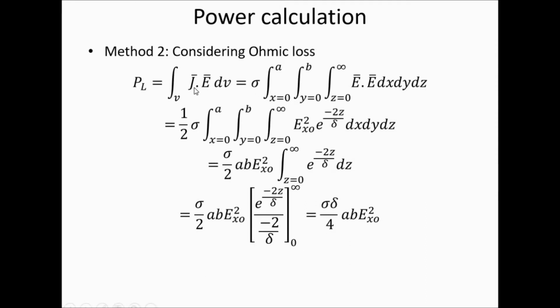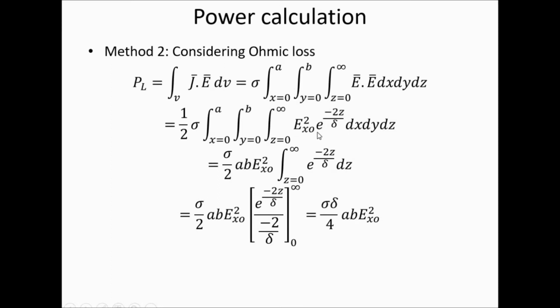J is sigma E, so we write sigma E times E, and dV is dx dy dz. x varies from 0 to a, y from 0 to b, but z could be 0 to infinity because we don't know how long the system is.